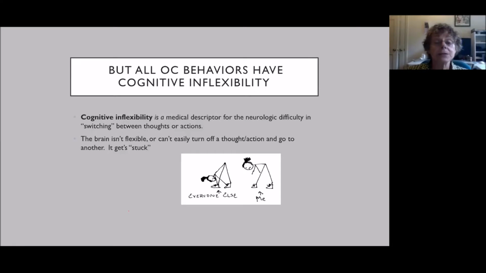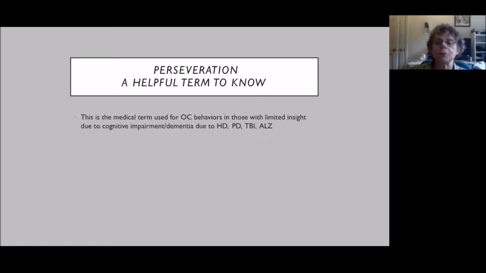The brain isn't flexible in HD, and it can't easily turn off a thought or action and go to another. It gets stuck, kind of like flexibility in a muscle. Not a very good analogy, but you get stuck in one position, one mental position.